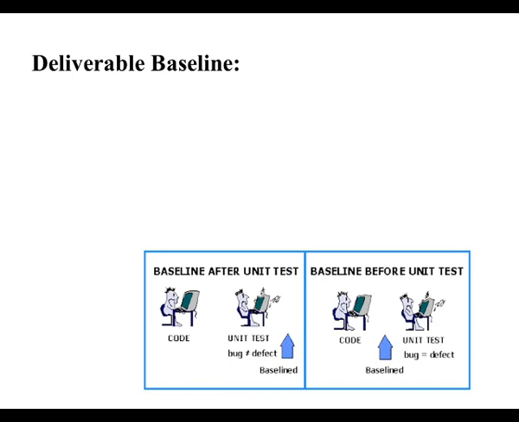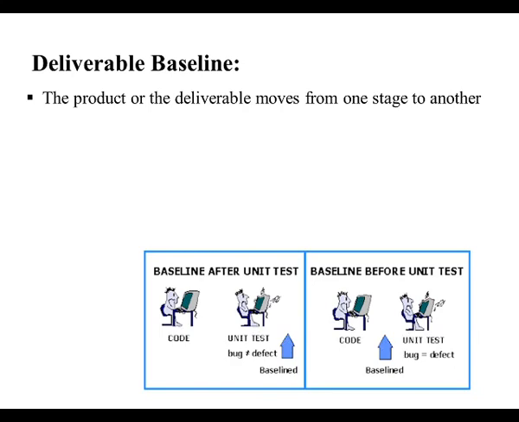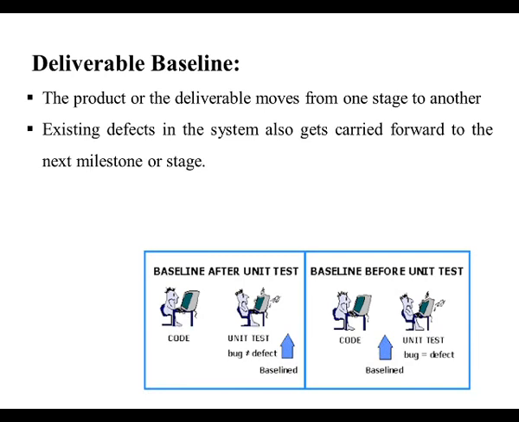In this process, the product or deliverable moves from one stage to another, and as it moves, the existing defects in the system also get carried forward to the next milestone or stage.